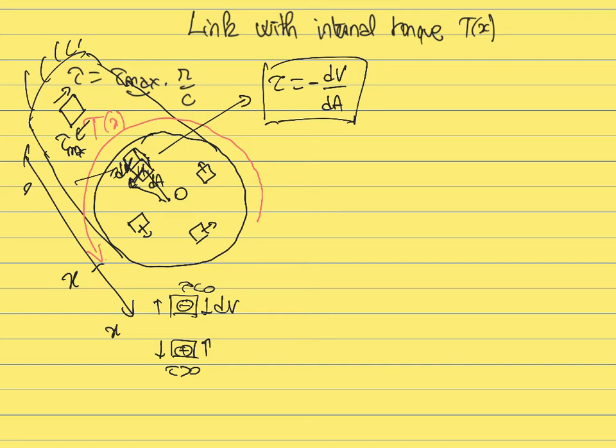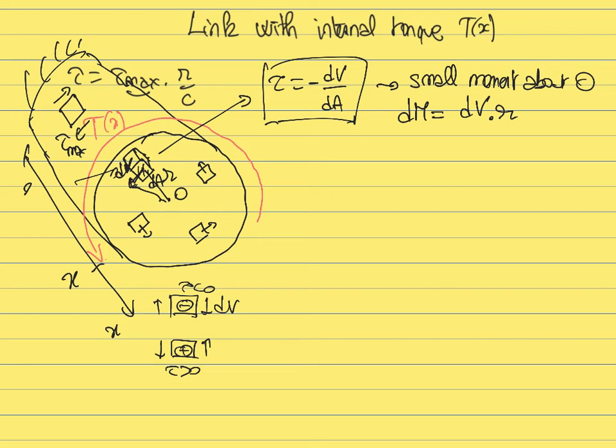Each force dV is going to create a small moment about the center O. I'm going to write this small moment as dm. The small moment created by dV is going to be equal to the force dV times the arm of the force, which is the distance r from the center. That is the arm of the force about the point O.